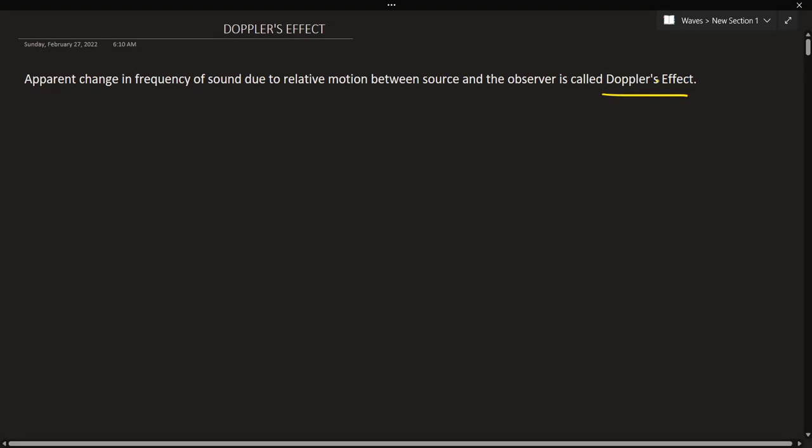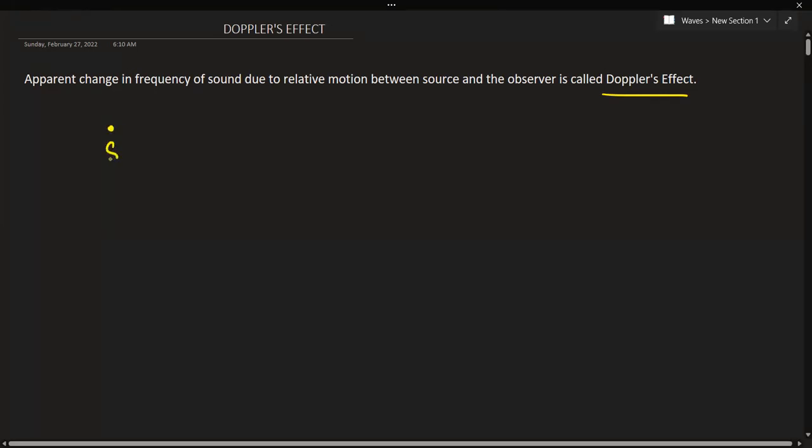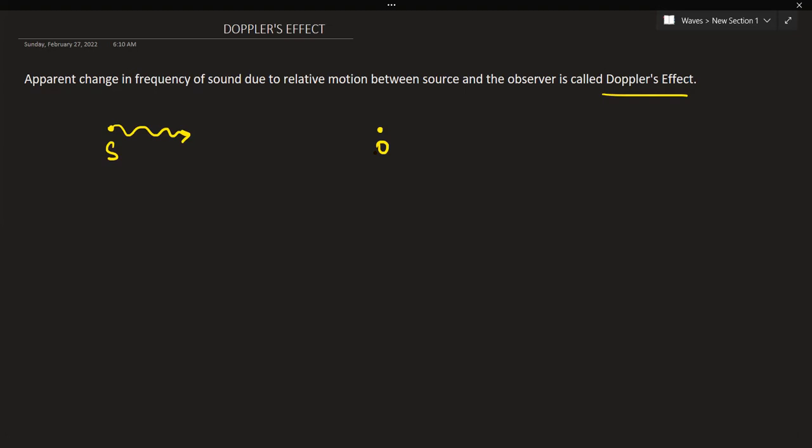Now see, the Doppler's effect occurs when a source of waves moves relative to the observer. If I say this is the source, this is the observer, the source is emitting waves. You are familiar with the rise and subsequent drop in pitch of an automobile horn as it approaches and passes.